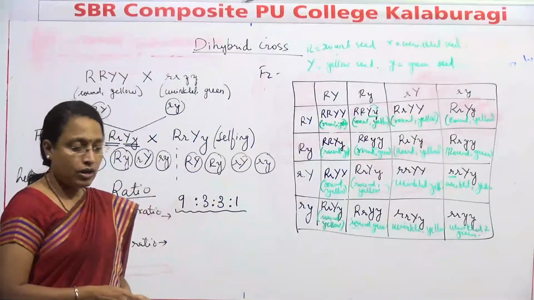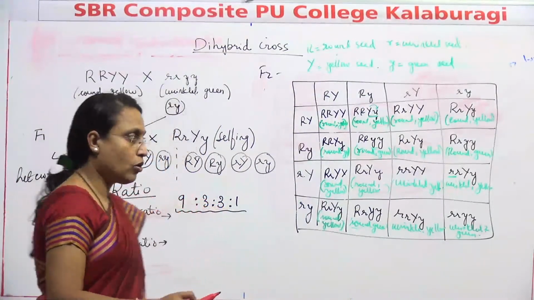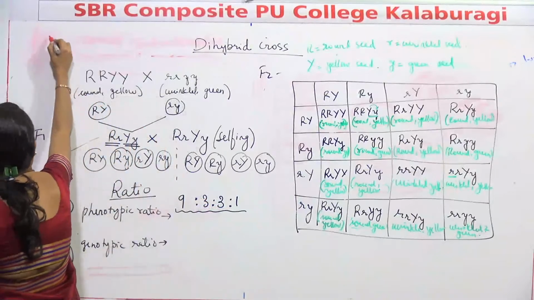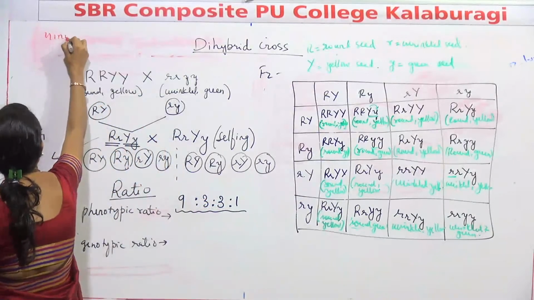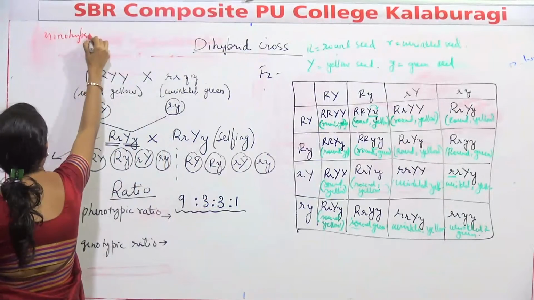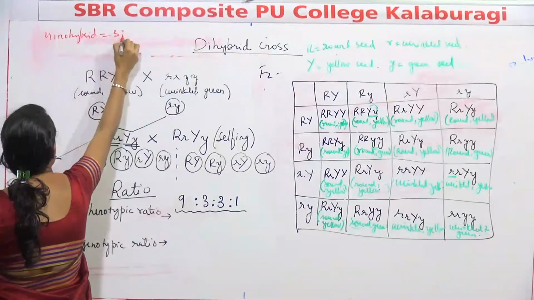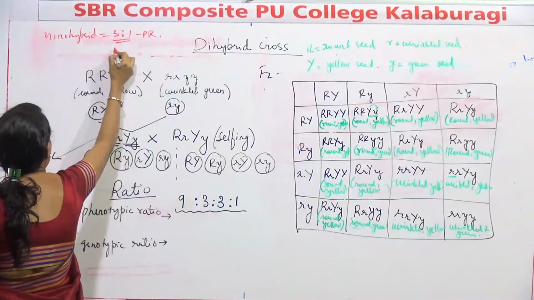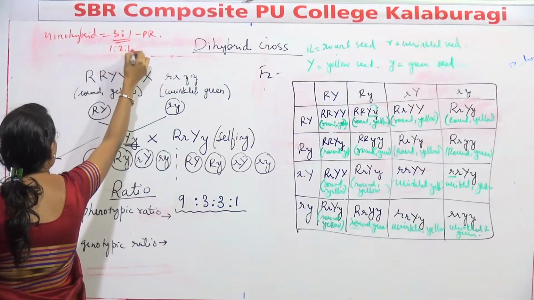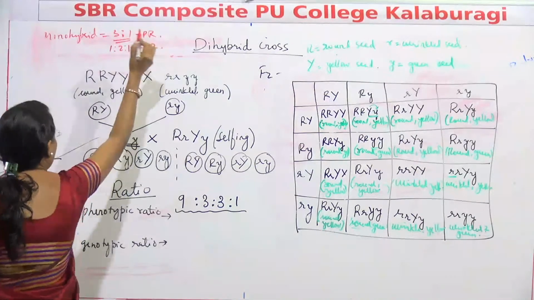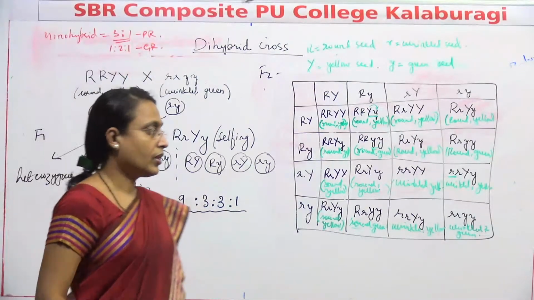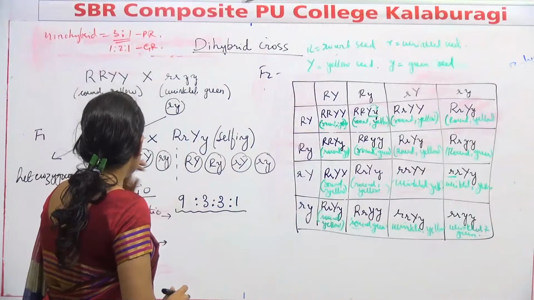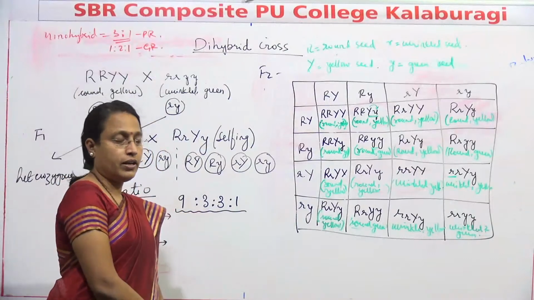Whereas if you go back to the monohybrid cross, the phenotypic ratio was 3:1, whereas the genotypic ratio was 1:2:1. Got it? So this was about the phenotypic ratio.